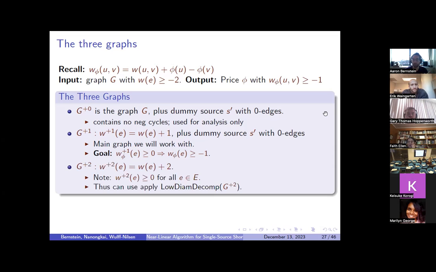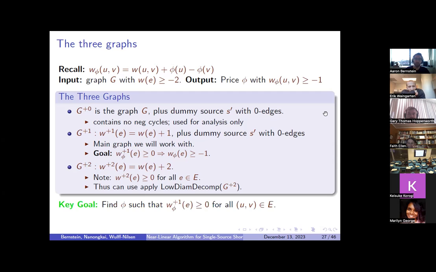Finally, we have one more graph, G+2, because we want to run low diameter decomposition on this graph. But remember, to run low diameter decomposition, you need non-negative weights. Since the most negative edge weight is -2, we can just add 2 to all the weights, and then we get a graph with non-negative weights, and you can run low diameter decomposition on that. So G+2 is only for low diameter decomposition. G+1 is where most of the algorithm will be working.